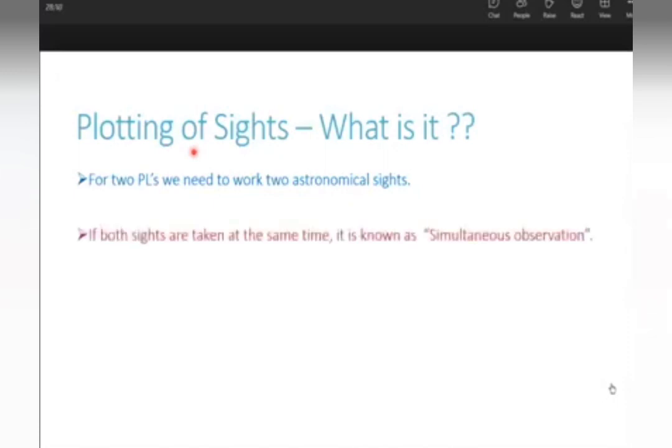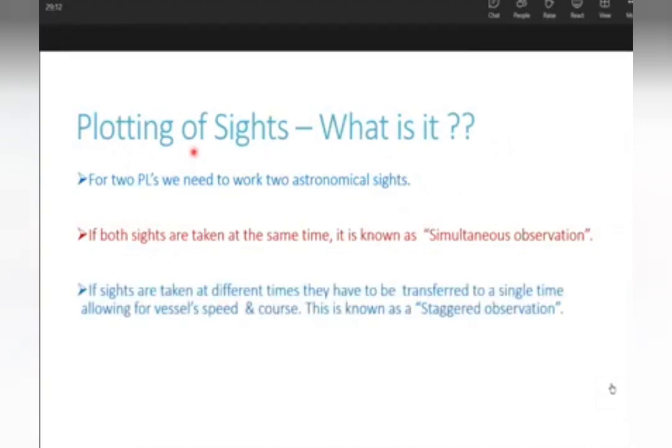Now it is possible that 2 celestial bodies may be available to us at a particular time. So in that case, the site can be taken for both these bodies at the same time. And if 2 sites are taken at the same time, it is known as a simultaneous observation.